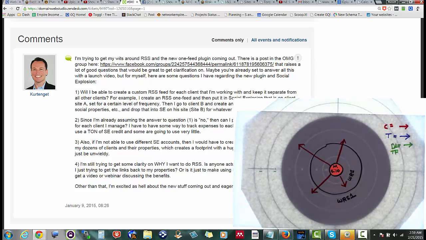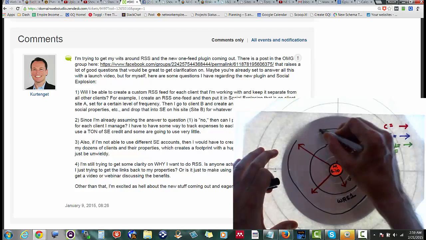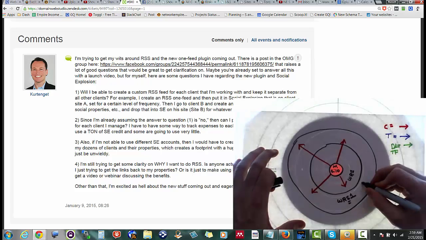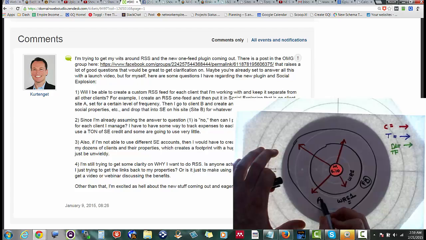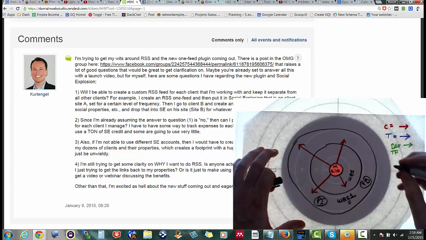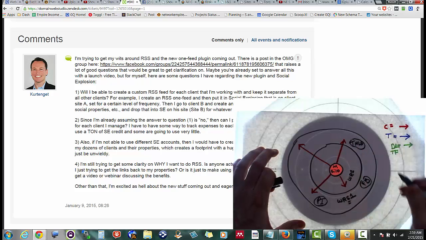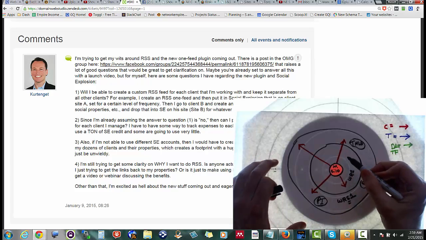Okay? So we'll just say for the purposes of this, your S means social, so it might be Facebook, right? Might be Pinterest, might be Tumblr. But these are accounts that you own that probably have the same brand that are associated with your website.